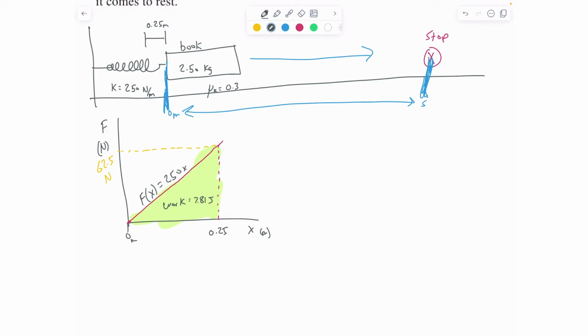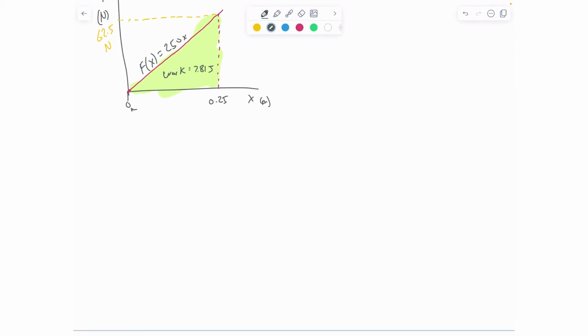And now, guess what? Now the spring has 7.81 joules of potential energy, we'll say P for potential energy, because it's stored.